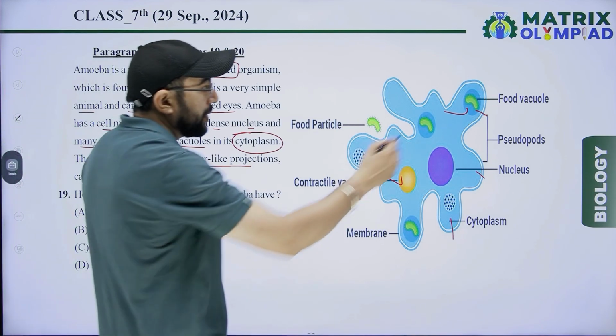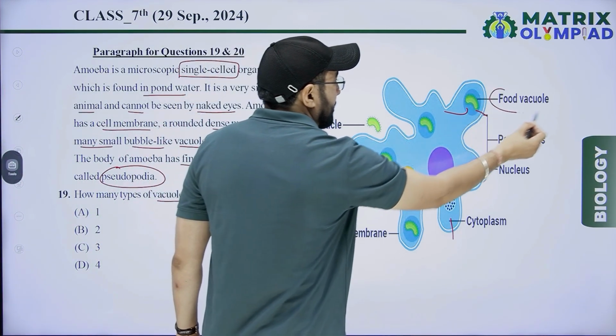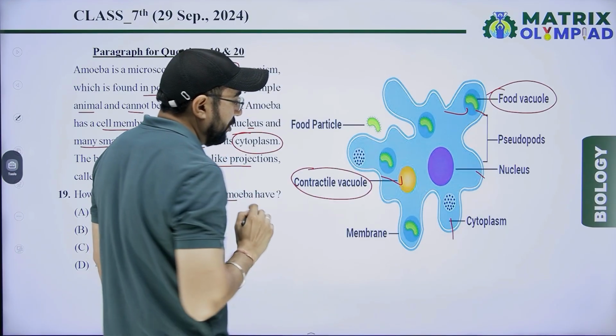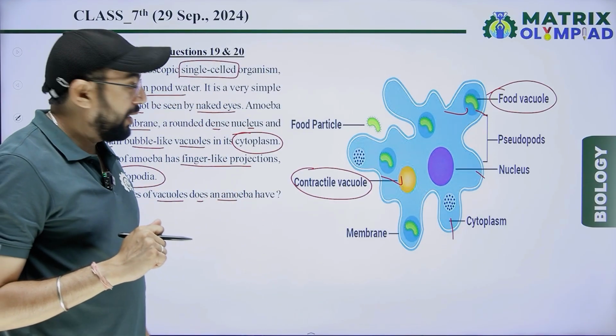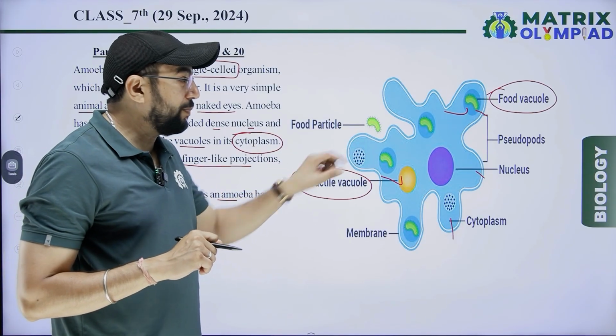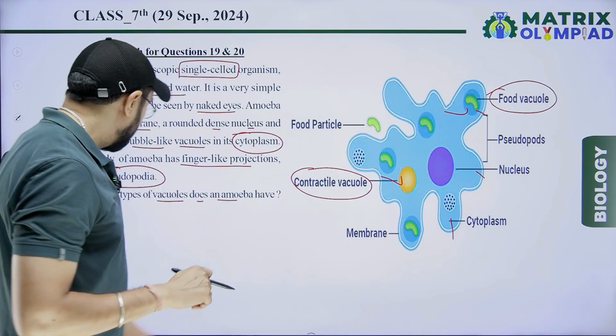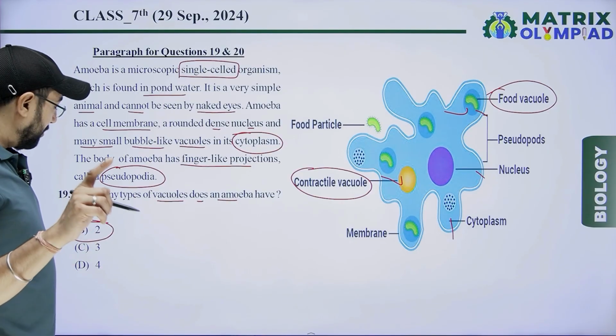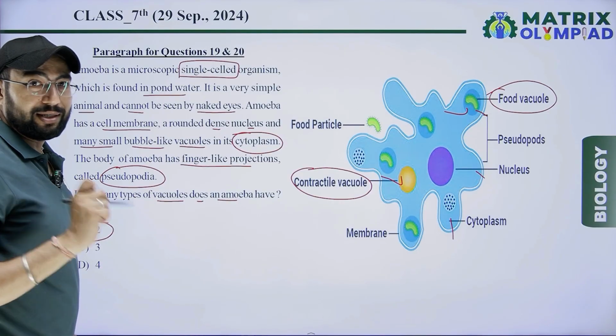In the diagram, this one is the food vacuole and this one is the contractile vacuole. Two types of vacuole are present in the cytoplasm of amoeba. So the right answer is 2, option B.